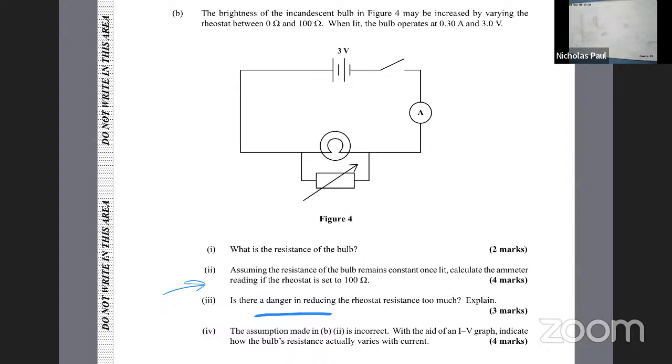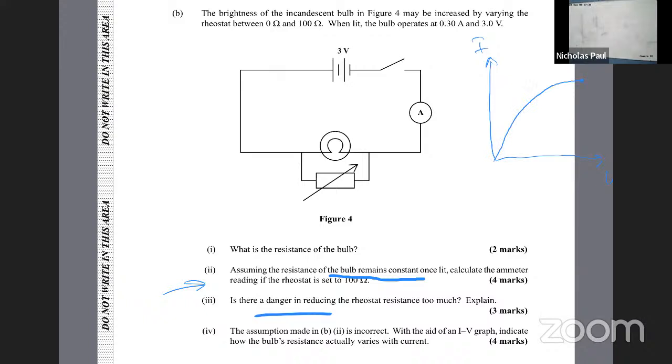The assumption made in 2, where they say the resistance remains constant, is incorrect. The reason for that is, what does the IV graph look like for a filament lamp? Is it a straight line? It's a straight line with a little curve.